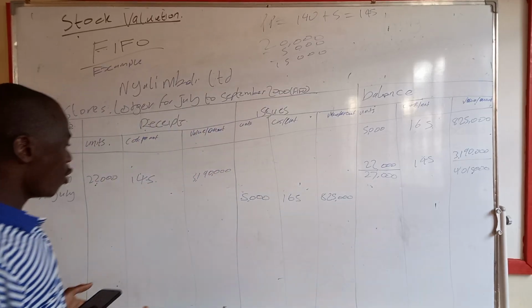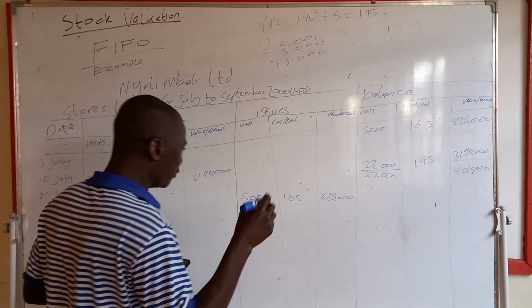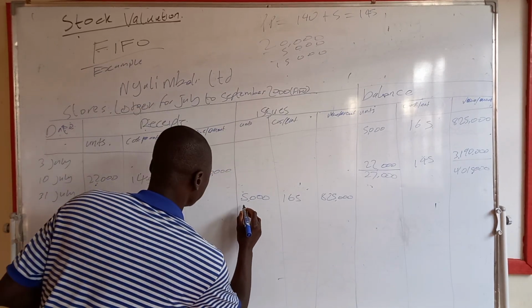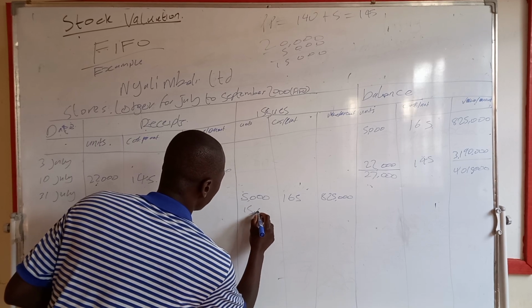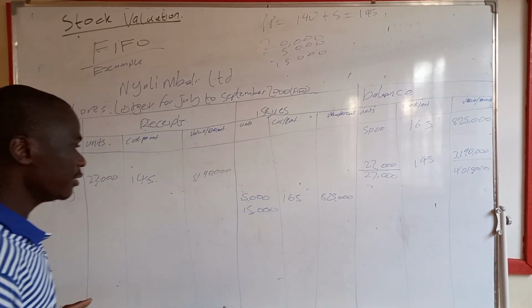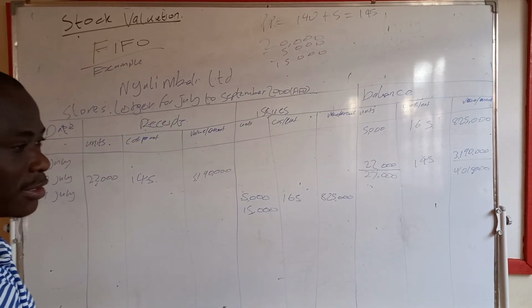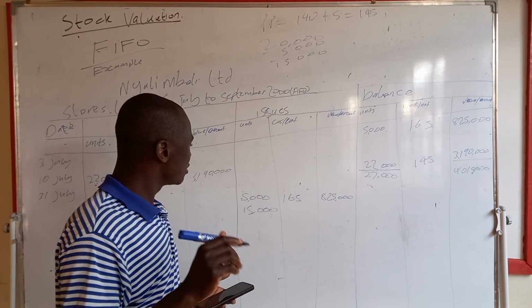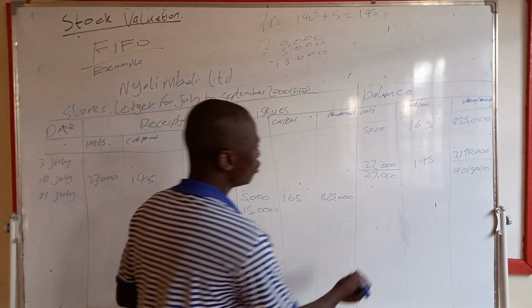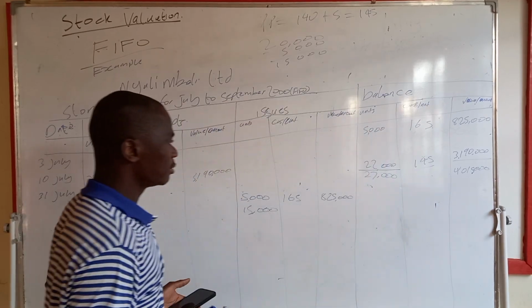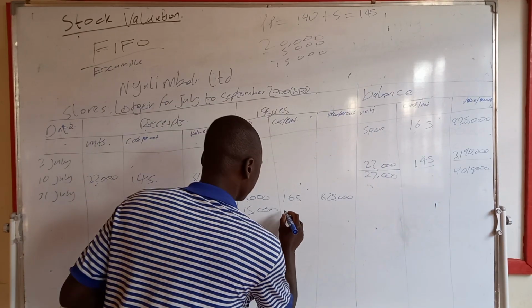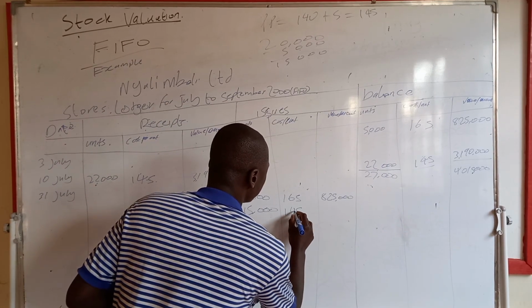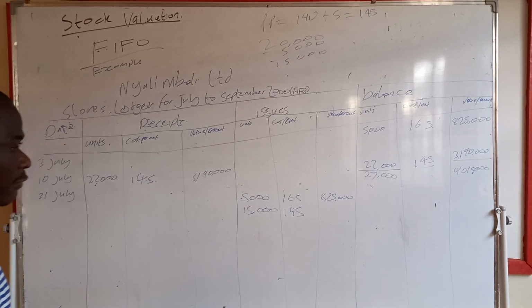Now you go and issue again another 15,000. But what is the price of a unit, or price of each item, or price per unit, is that one? So here you have 145.